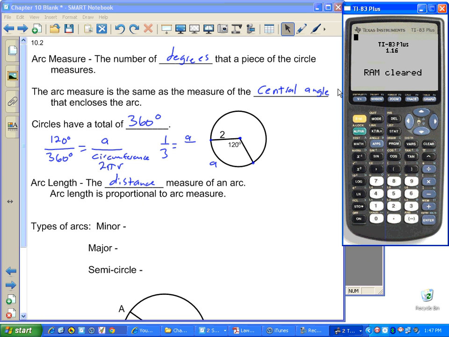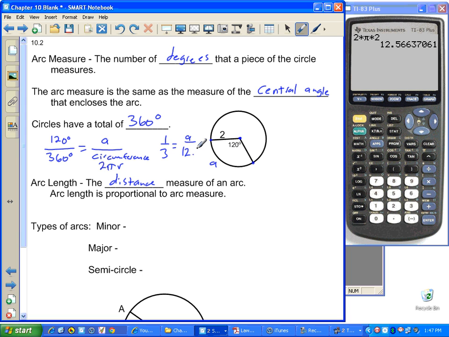Okay. So 2 pi times our radius. Our radius is 2. This would be the circumference of the whole circle. So I'm going to put that on the bottom, 12.57.